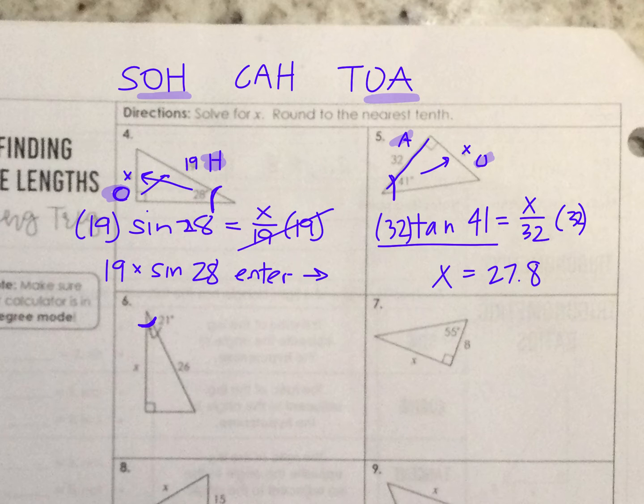Let's keep going. Number 6. There's the angle I'm working on. This 26, it's across from the right angle, so that's our hypotenuse. This X is adjacent. So if I have an A and an H, that means this one's going to be cosine.